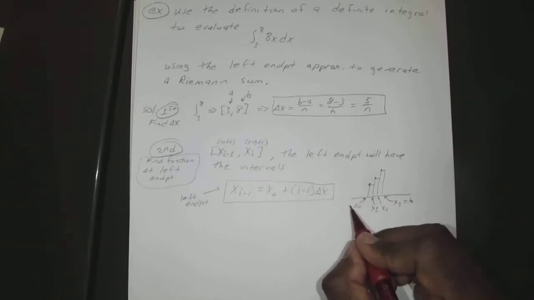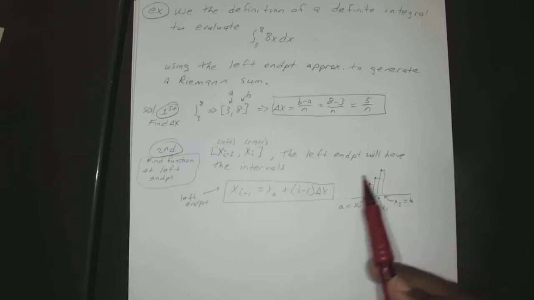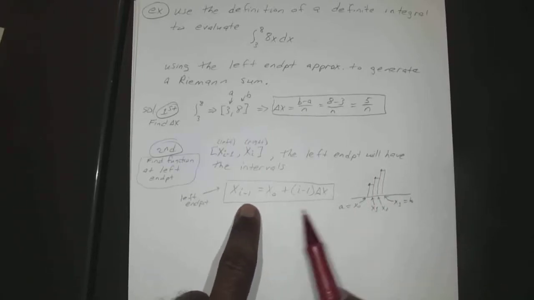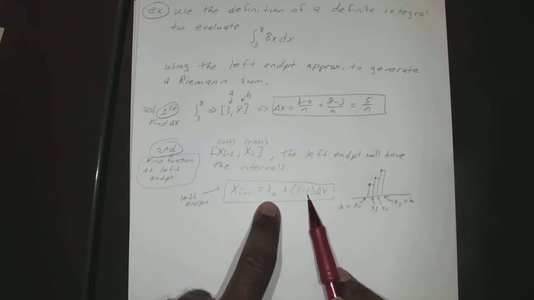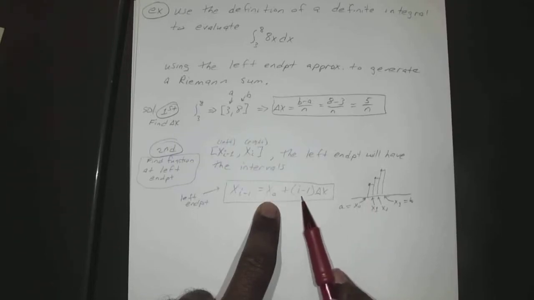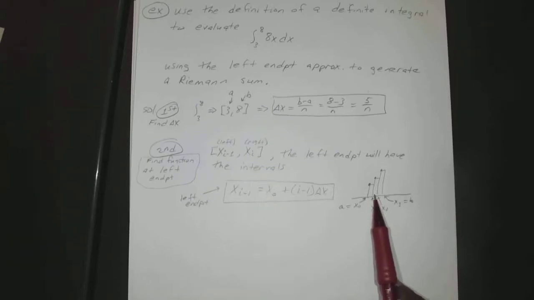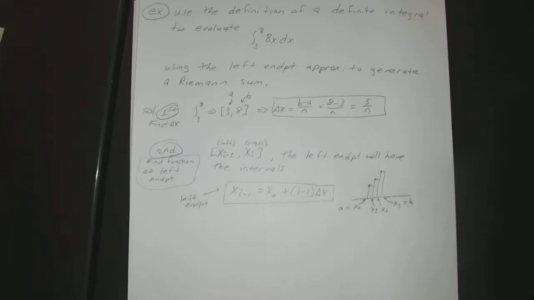Remember, the last one's going to be your b, the first one's going to be your a. To get to your first one, it's x0 plus 1 minus 1, which is 0, so it's just x0. To get to your second one, it's x0 plus 2 minus 1, so it's x0 plus delta x, which gets you at this left endpoint. Then it adds one more delta x, and it keeps going from there.